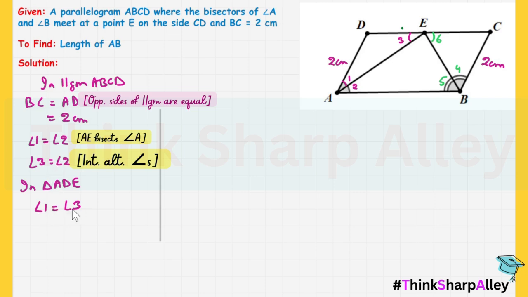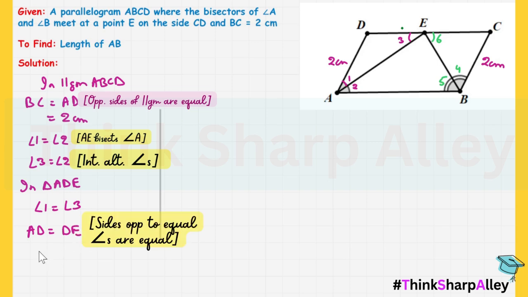So if two angles are equal, it forms an isosceles triangle. So which means the sides opposite to equal angles are equal. So over here, if angle 1 and angle 3 become equal, that means AD and DE are equal. So AD is equal to DE. I'll write down the reason as you can see. So which means each is equal to 2 cm.